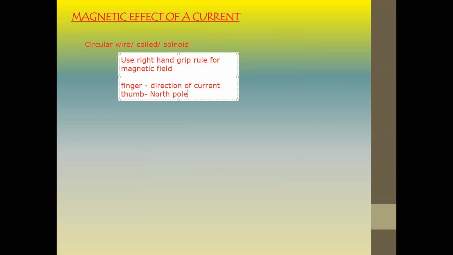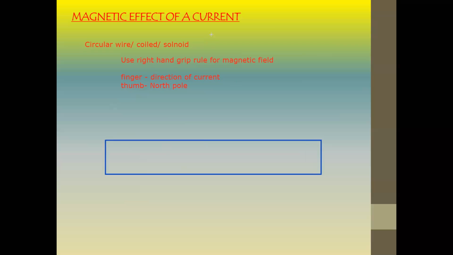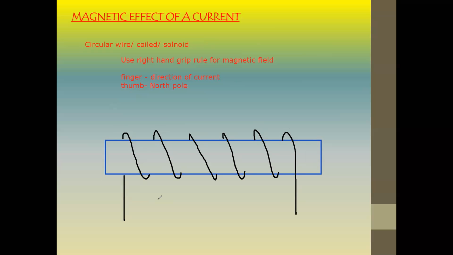For a circular wire, if we have a coiled or circular wire, for example, say a wire is turned around on this cylinder, the black part is representing the wire. So the wire is turned around on this piece or cylinder, and there is a direction of the current. Current is pointing in this manner.